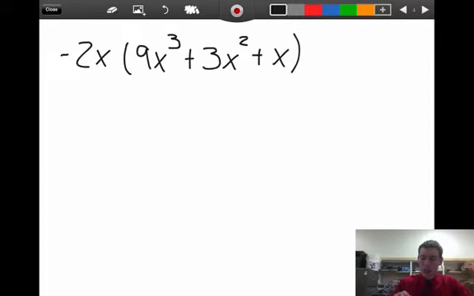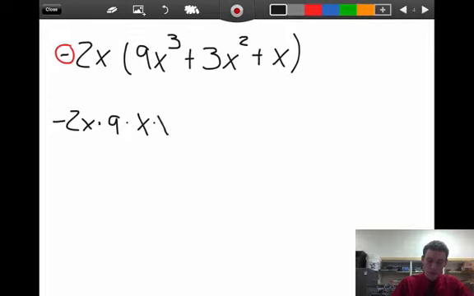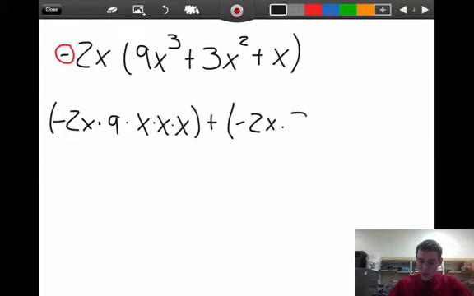Now what if what's out front has a negative sign? Well, then we will still rewrite it just like we did previously. So we have negative 2x times 9 times x times x times x plus negative 2x times 3 times x times x plus negative 2 times x times x.